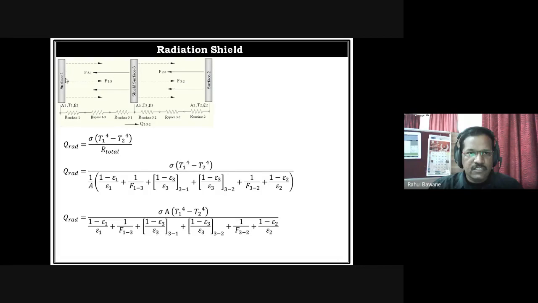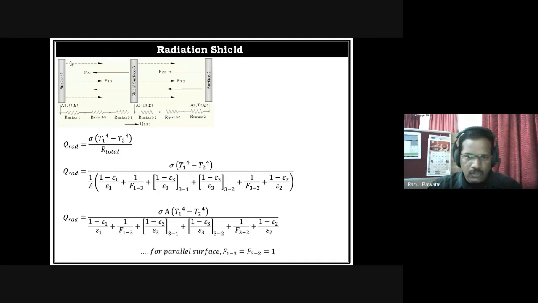And if I apply the summation rule, F11 plus F123 must be equal to 1. So F11 is 0, so F123 becomes 1. So for parallel spaces, F13 or F32 is 1.